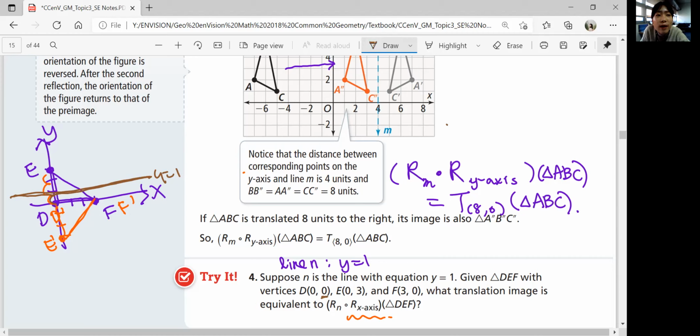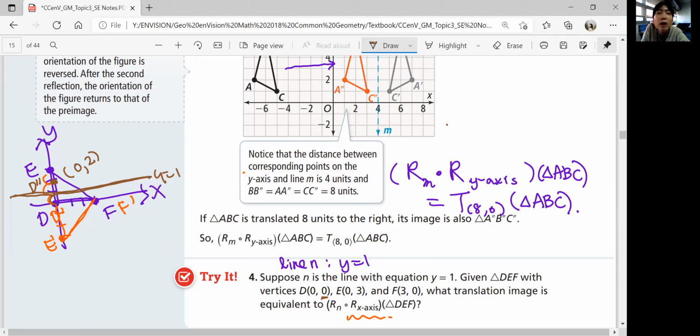Look at your y values. 0 is 1 unit away from 1. So you go up 1 unit because right now D is below line n. Okay, so your new D double prime should be (0, 2).